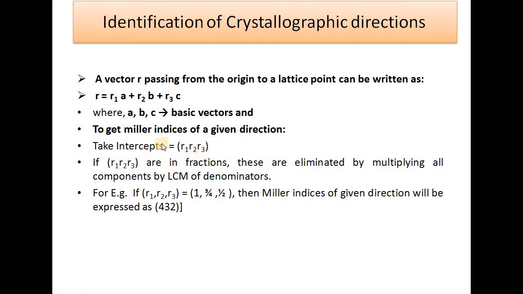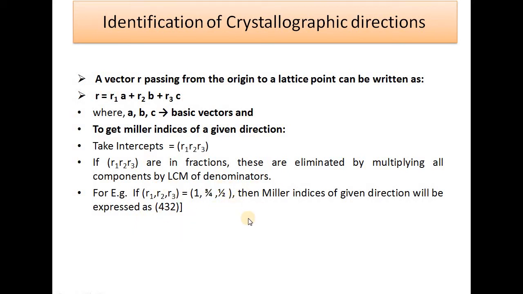If these are fractions, then we will eliminate the fractions by multiplying all the components by the LCM of their denominators, the least common multiple. Then you will get the Miller indices of the given direction. For example, if we have intercepts 1, 3/4 and 1/2, we will multiply all the components by 4, which is the least common multiple. Then you will see 4, 3, 2 are the Miller indices of the crystallographic direction having intercepts 1, 3/4 and 1/2.